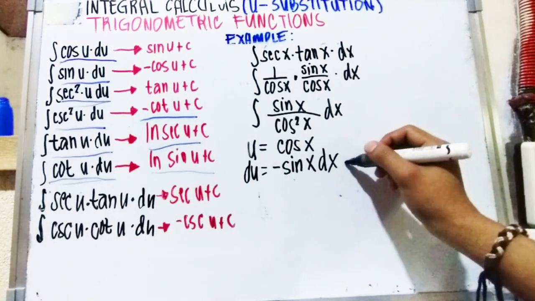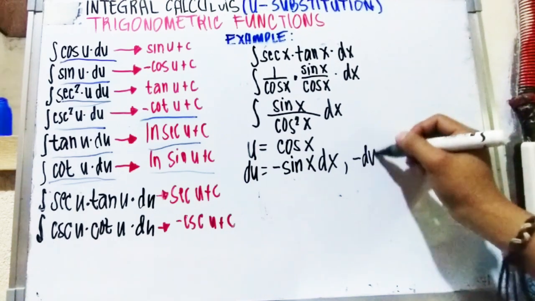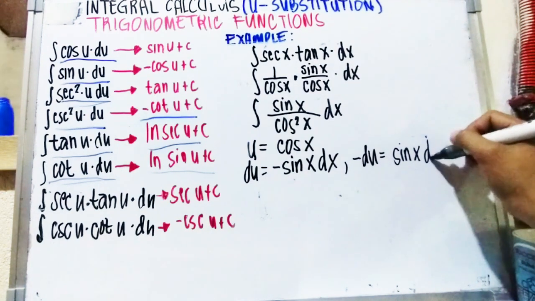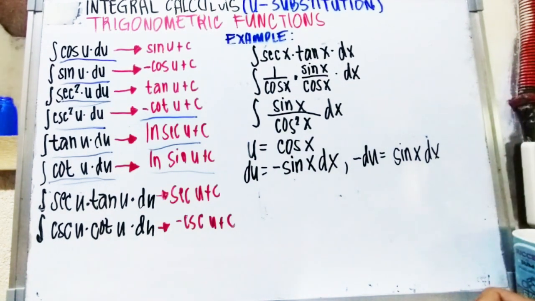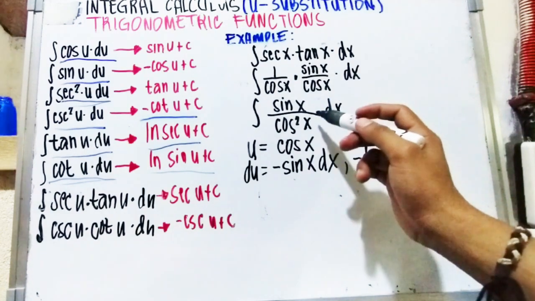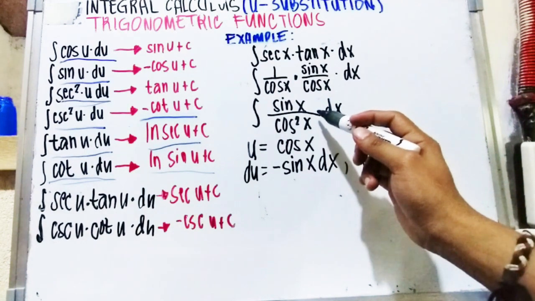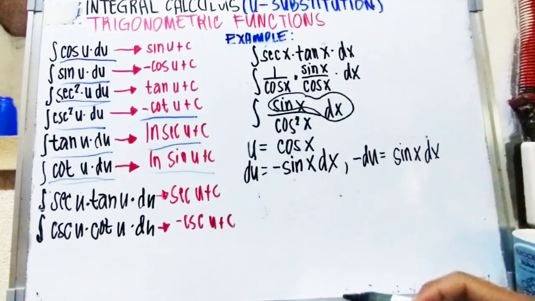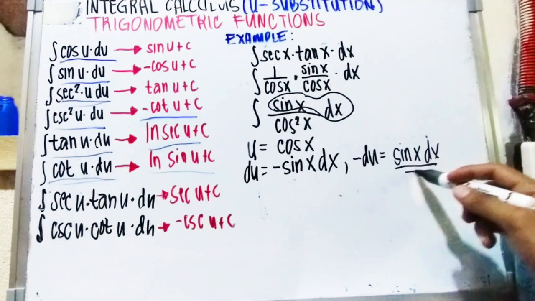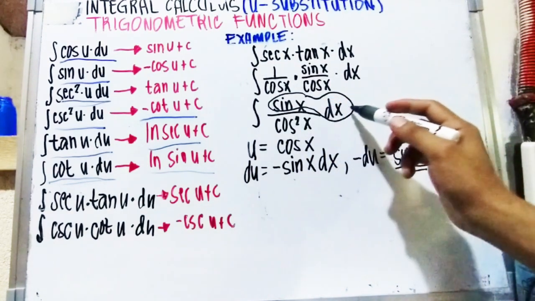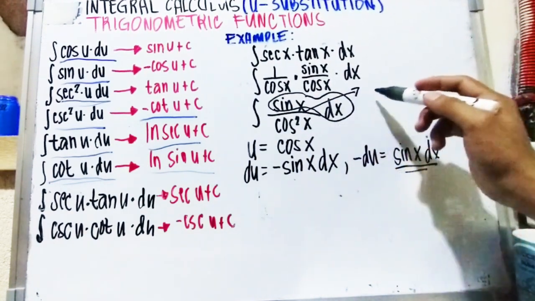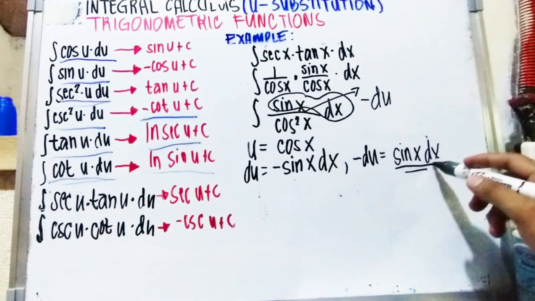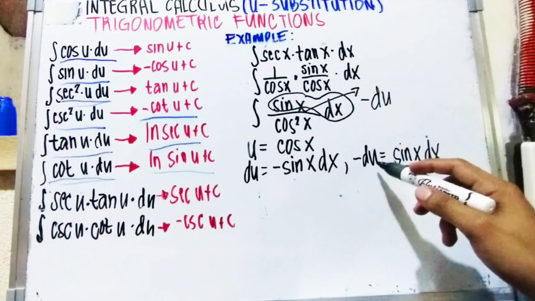Or, we can say that negative du is equals to sin x dx. Notice that sa ating in-evaluate na expression, meron tayo sin x dx, which is ito. Ibig sabihin, yung sin x dx, pwede nating represent ng negative du.